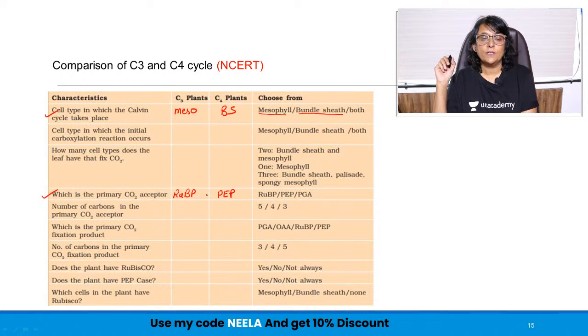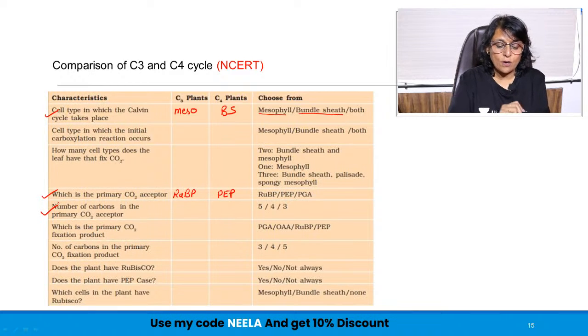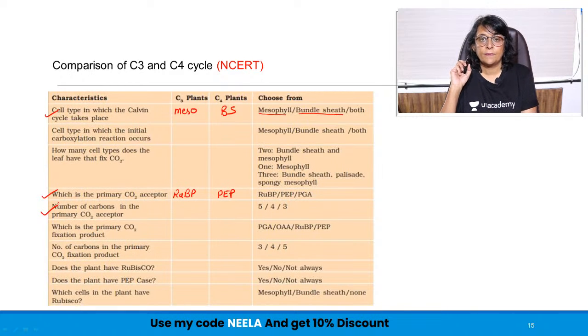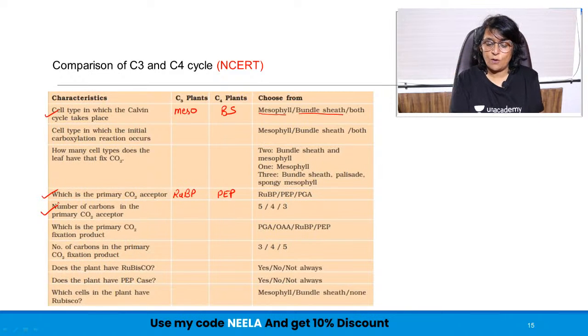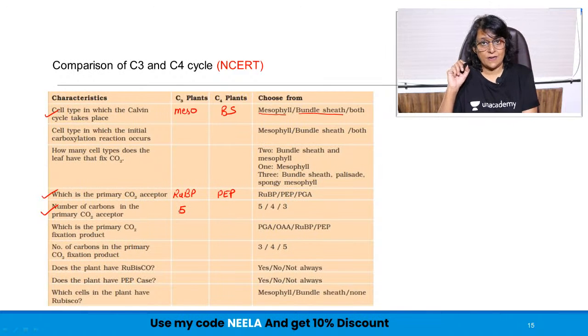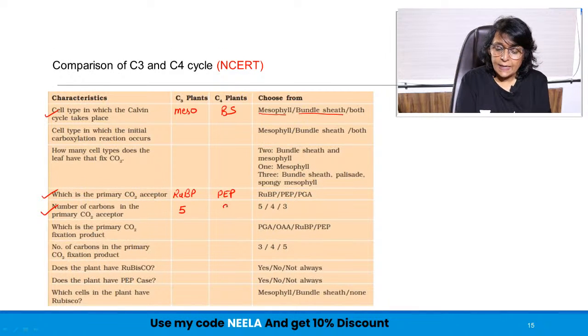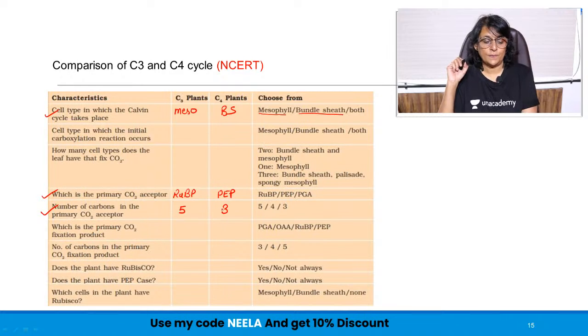Number of carbons in the primary carbon dioxide acceptor. In case of C3 plant, the primary carbon dioxide acceptor is RuBP, and RuBP is a 5 carbon compound. And in case of C4 plants, the primary carbon dioxide acceptor is phosphoenol pyruvate. It is a 3 carbon compound.